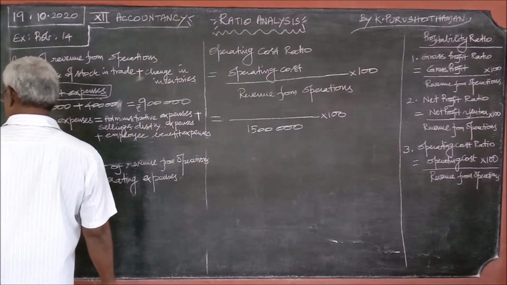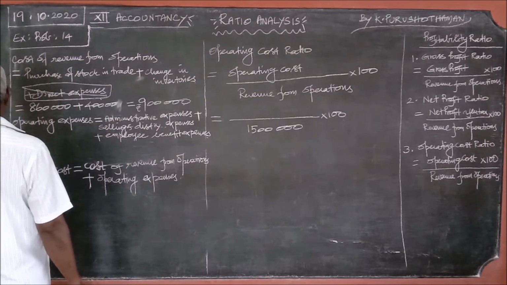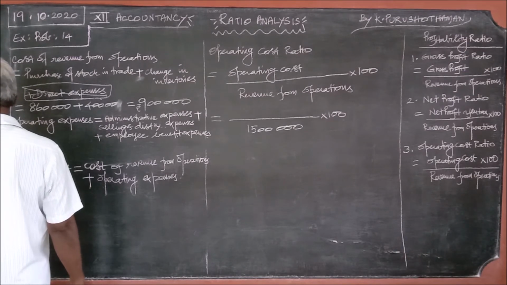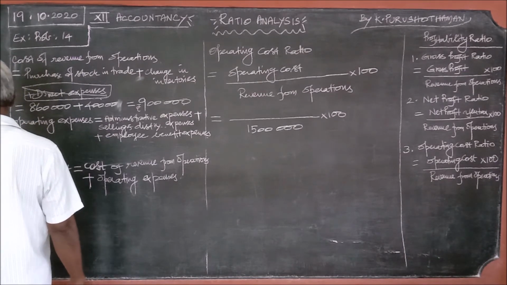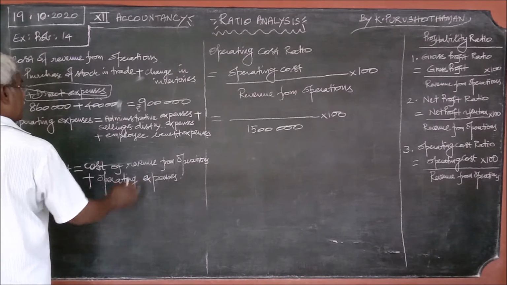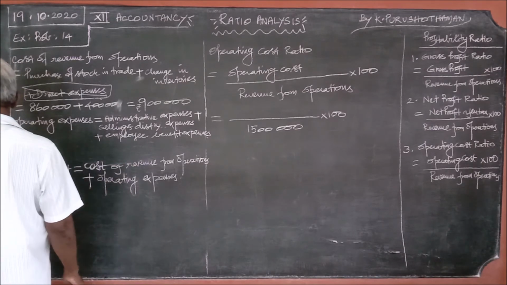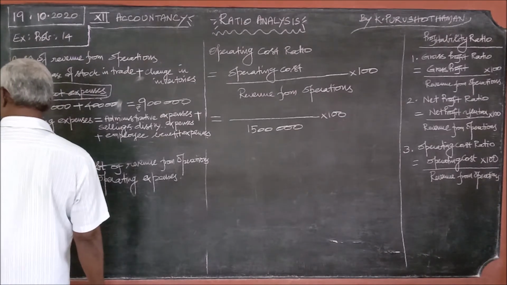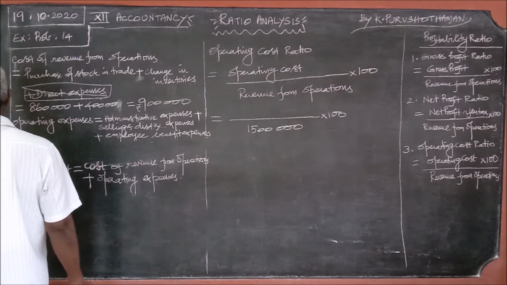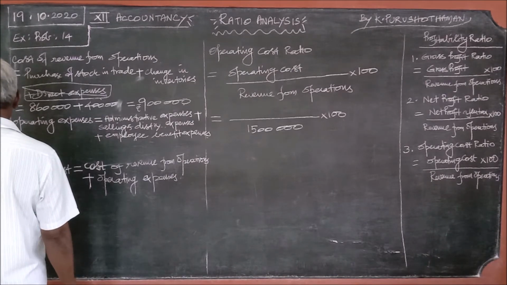Then from operating expenses, what are the operating expenses? Administrative and selling expenses: nothing. Employees benefit expenses, this is given. Selling and distribution expenses, no. Totally it is given under other expenses. Other expenses 1,70,000. Employees benefit expense 1,60,000.